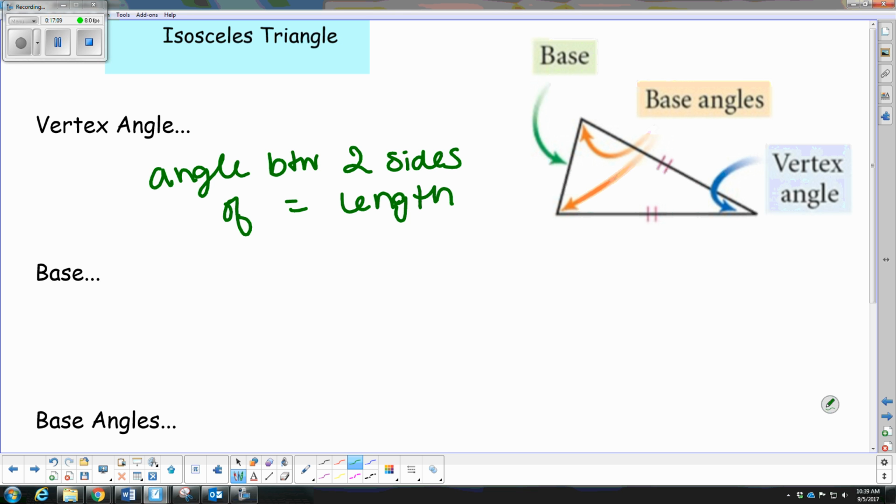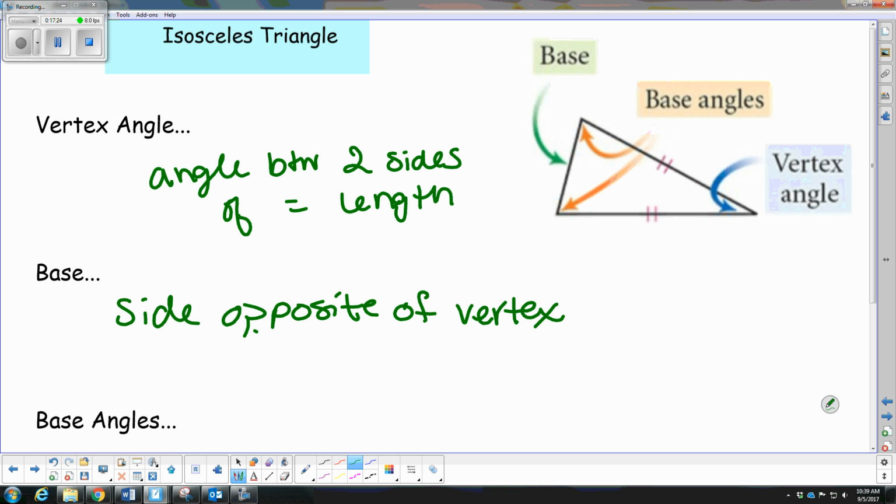The base of the isosceles triangle is the side opposite of the vertex. And then the base angles are the 2 angles opposite of the 2 sides of equal length.